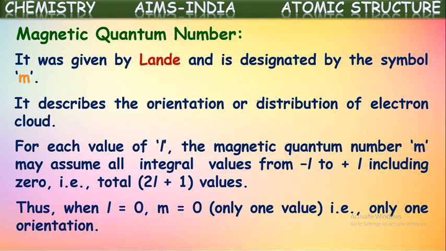Orientations are also called orbitals. So the s subshell can have only one orbital.